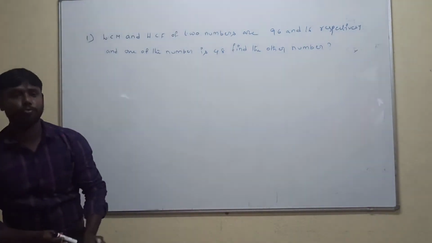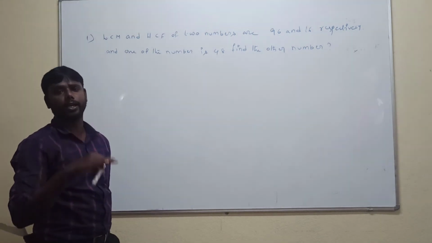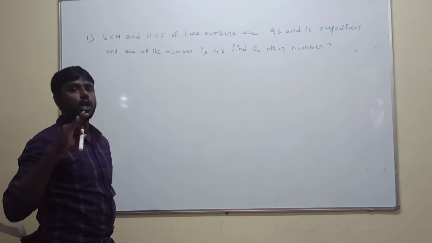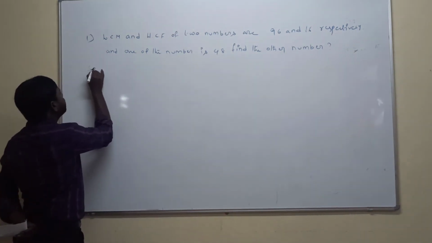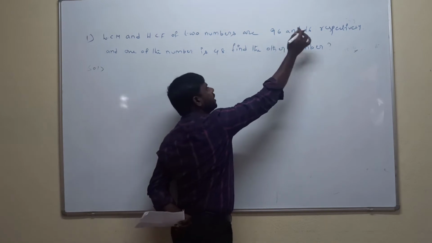First of all, understand the question: what is given, and which value you have to calculate. The LCM and HCF values are given as 96 and 16.